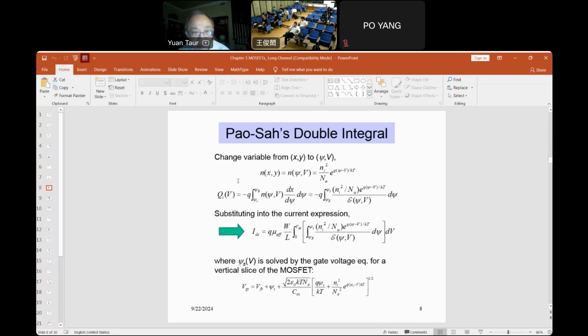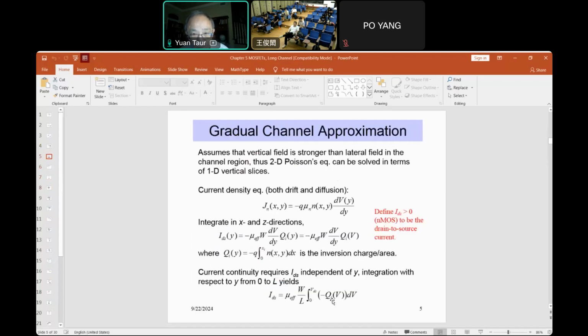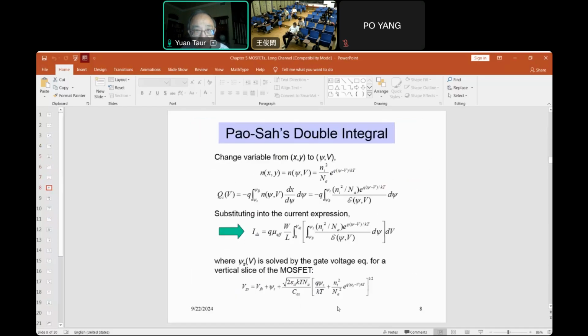So this qi becomes this integration with respect to the potential, but this is still a function of v. And then we put in this expression. So qi is the integration with respect to psi, and then you integrate it again with dv, so it becomes a double integral. That double integral is the so-called Poisson double integral.